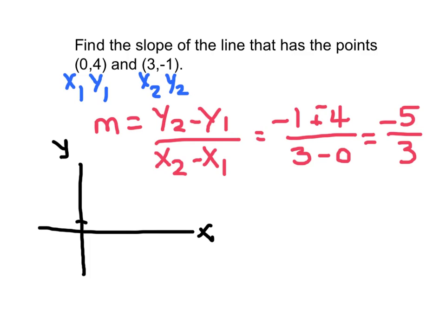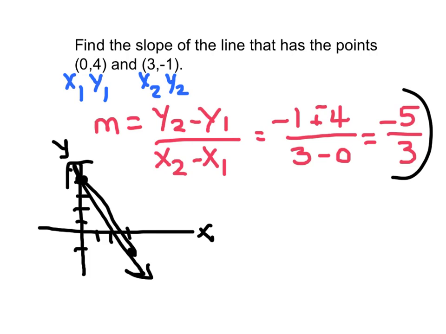So let's say the point 0, 4 would be right here. The point 3, negative 1 would be down there. So a quick sketch of the graph confirms that the line that goes through those 2 points is going to have a negative slope. It is going down to the right. So my answer does make sense.